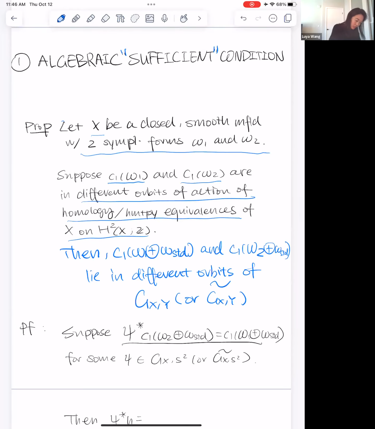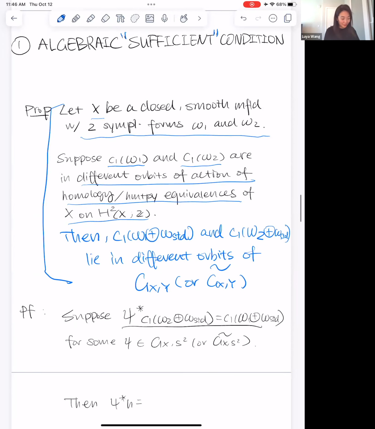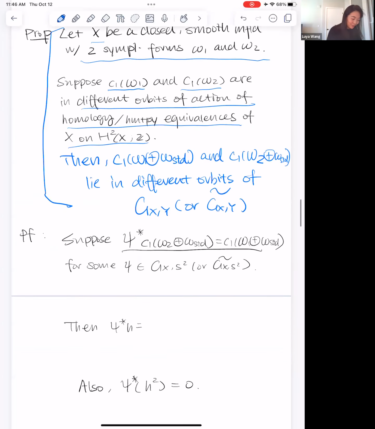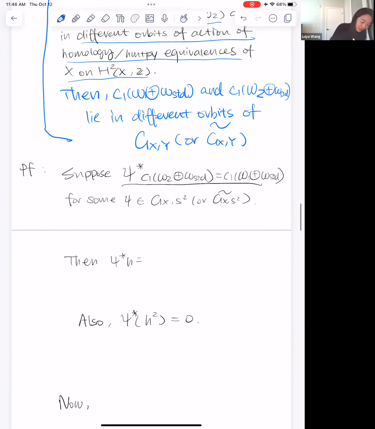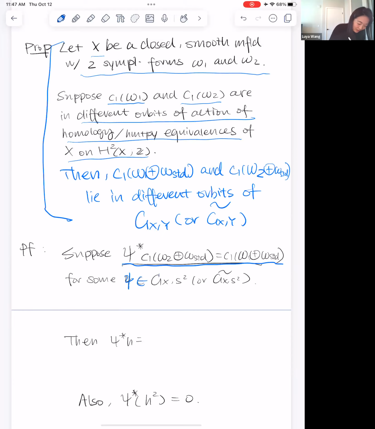Okay, so let's see a proof of this proposition. The proof is very elementary, so I will give you a full proof. Let's suppose for contradiction that you have a map in G X S2.